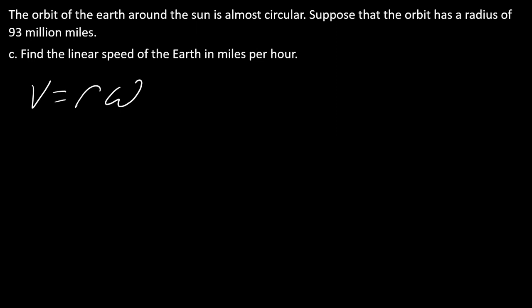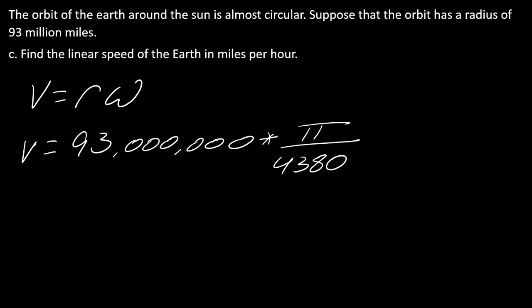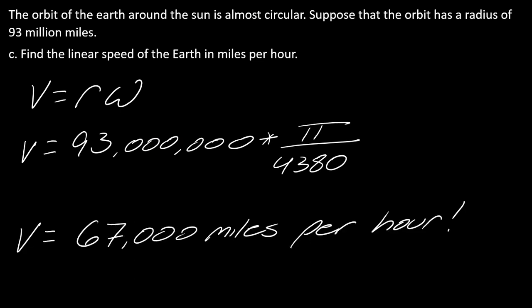That's why we want to use this formula. And then my r is given here, that 93 million miles. So I can multiply this by the omega that I found. And this actually gives me the hourly speed that the Earth moves. The Earth is traveling at a rate of 67,000 miles per hour. Pretty crazy, right? You probably never really think about that.